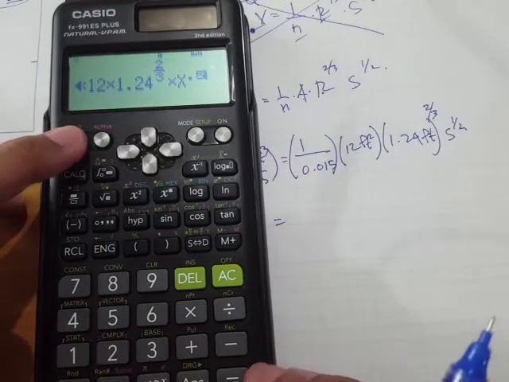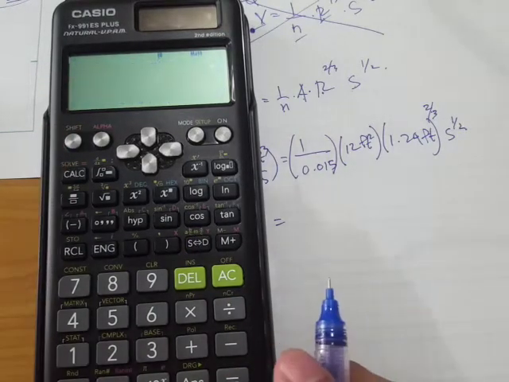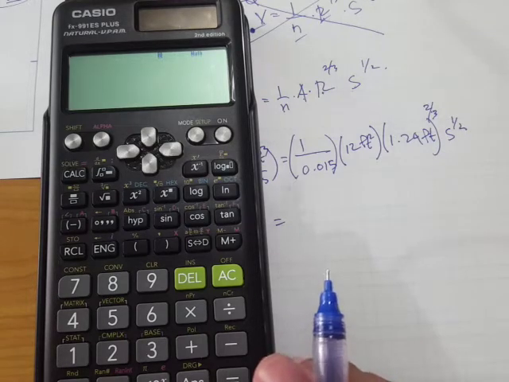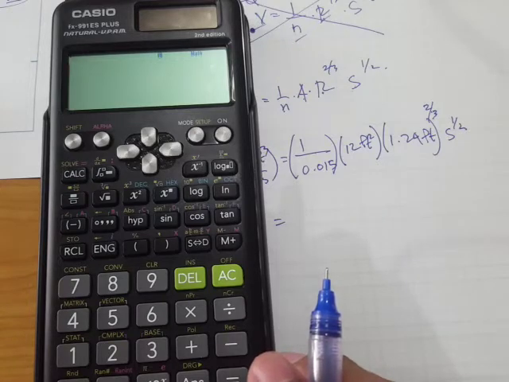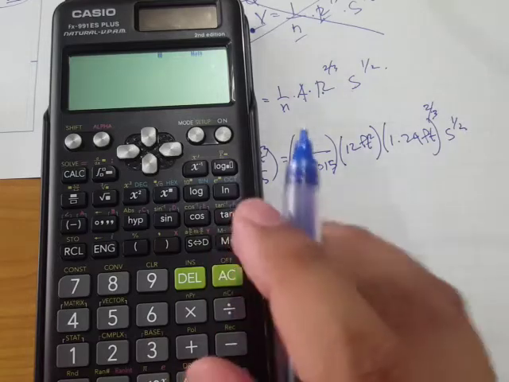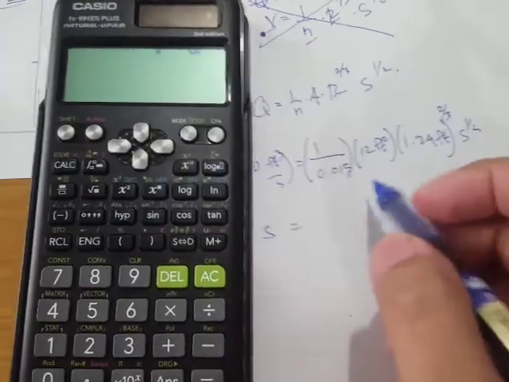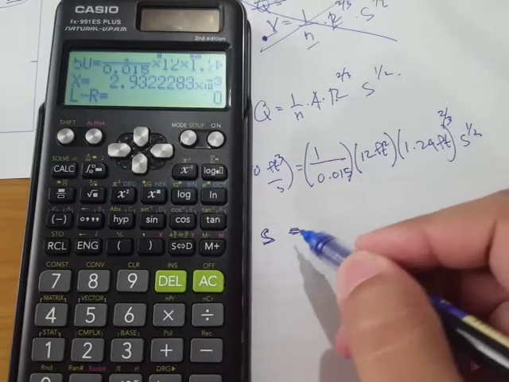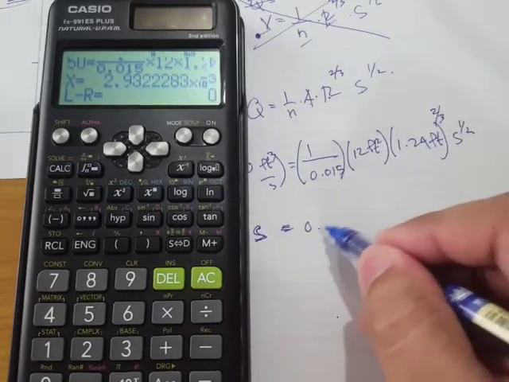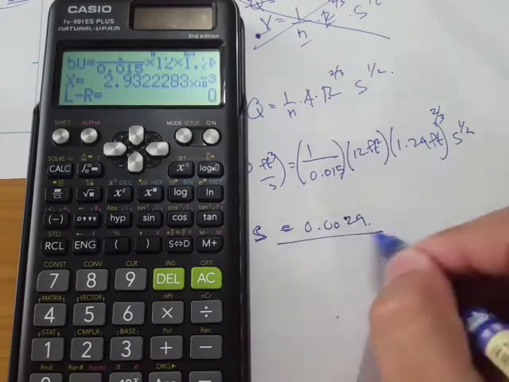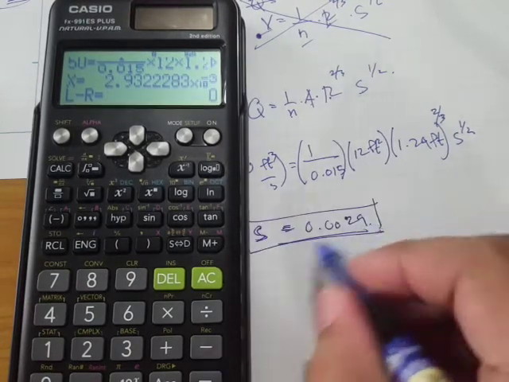So shift solve. Okay, so it takes time. Our value for S is equal to 0.0029. Right, so that's our slope.